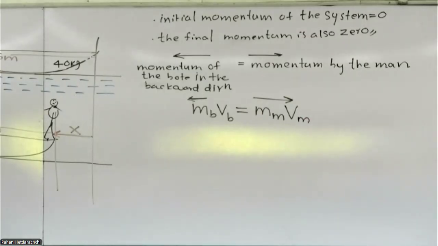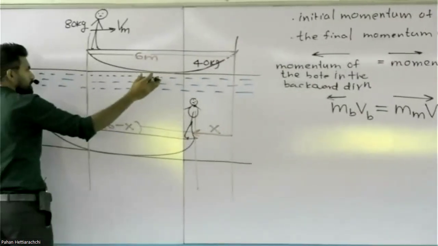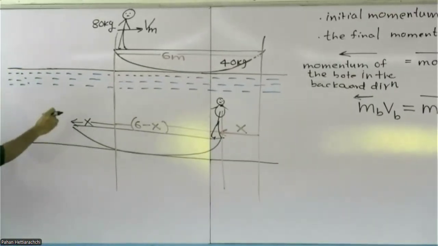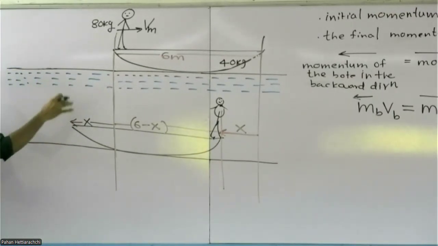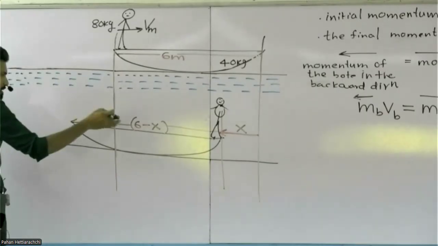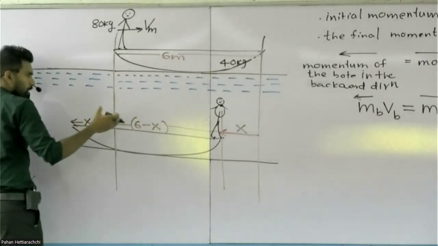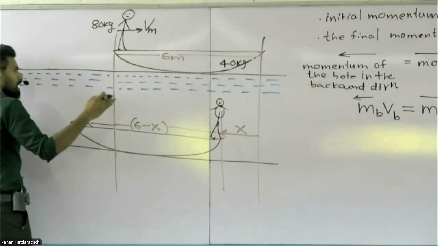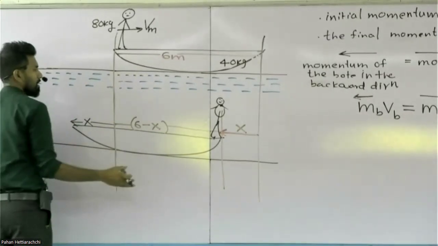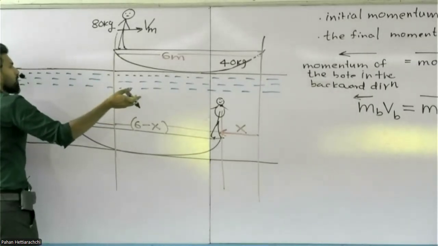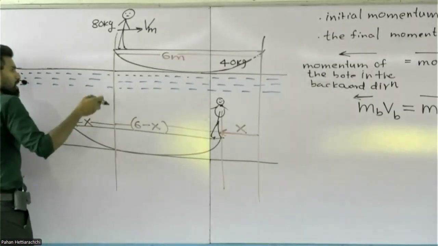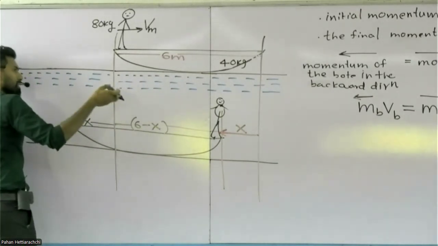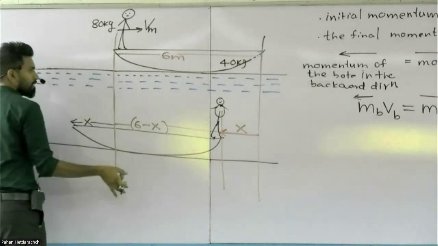Now, when you are running, you push the floor in the opposite direction to create the force to get the acceleration. You have to push the floor backward to create the Newton's third law force, and there will be an equal and opposite force acting on you in the forward direction, which gives you the acceleration to run.